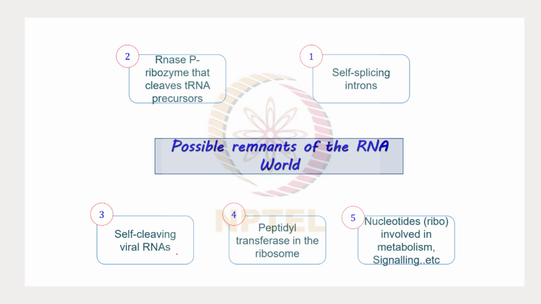Next is peptidyl transferase in the ribosome. This is also an enzyme responsible for the translation process. We will be talking about it. Next is nucleotides involved in metabolism and signaling. Of course, nucleotides are involved in all different types of metabolism and cell signaling processes.